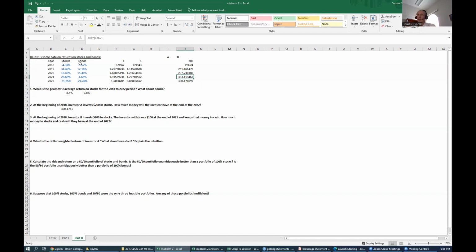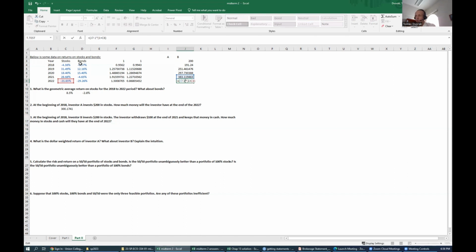But at the end of 2021, this investor will withdraw $100. So we have to do this in this cell, because at the end of 2021 they had J7 in stocks.